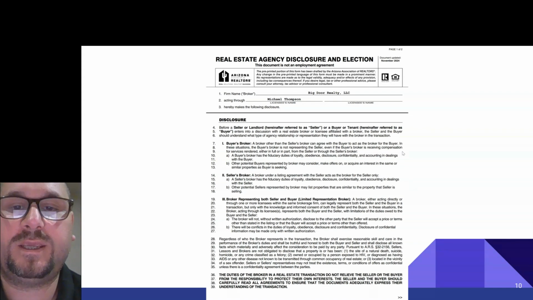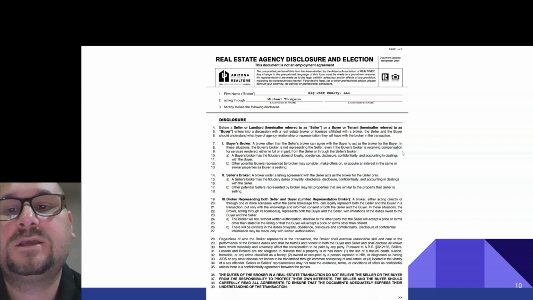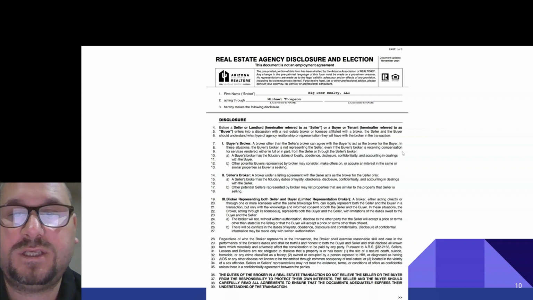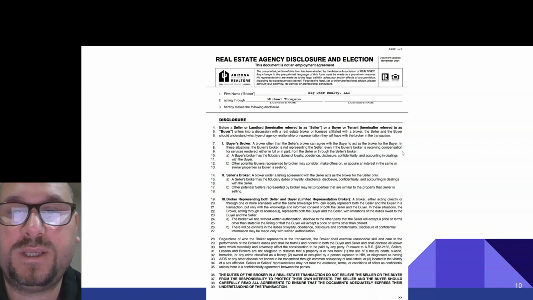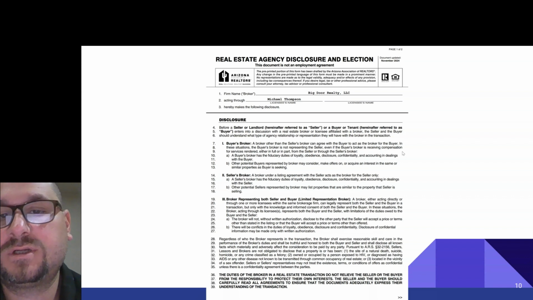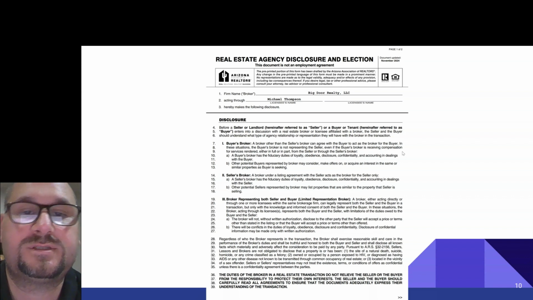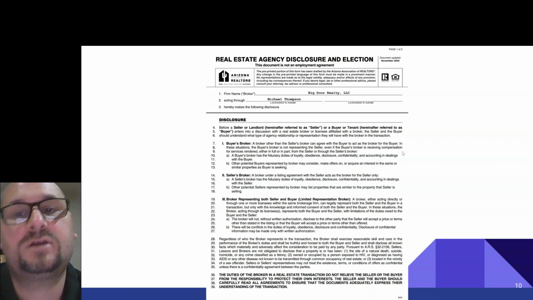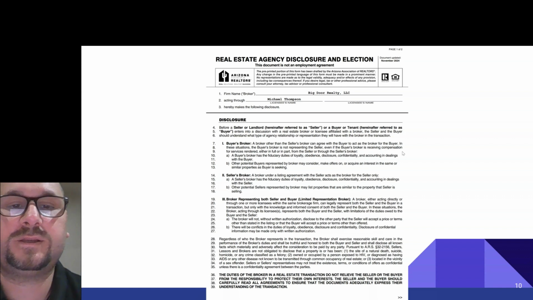So loyalty, CARLOAD: C, caring, accounting, reliability, loyalty, obedience, and disclosure, right? So obedience, disclosure, confidentiality, and accounting in dealings with the seller. So that's fiduciary duties. That's CARLOAD, right? CARLOAD is those types of things you would do for a client.